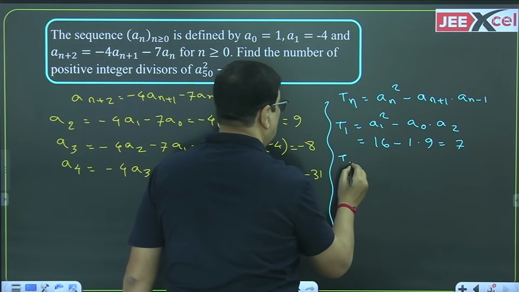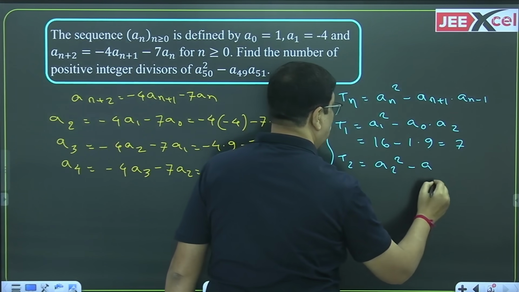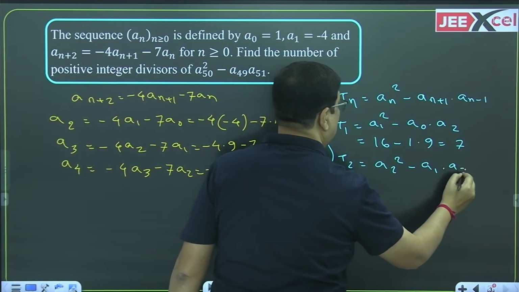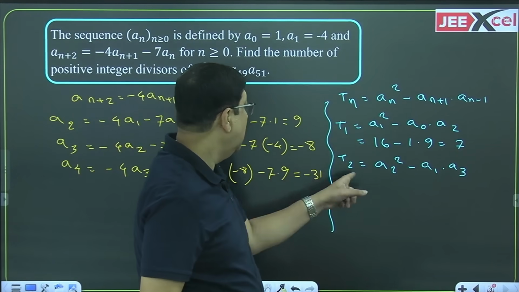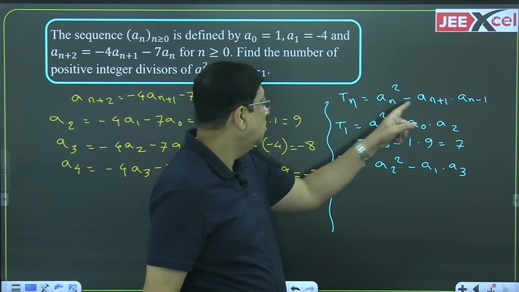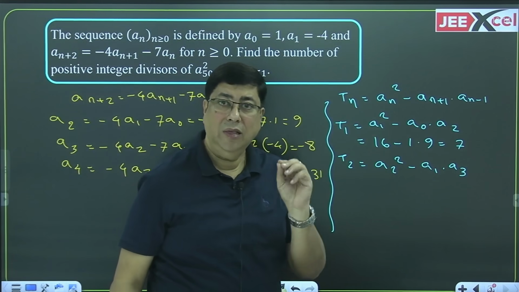So T2 is what? a2 square minus a1 into a3. T_n with n equal to 2 is a2 square, and when n is 2, n plus 1 is 3 and n minus 1 is 1. So I think you have understood this.